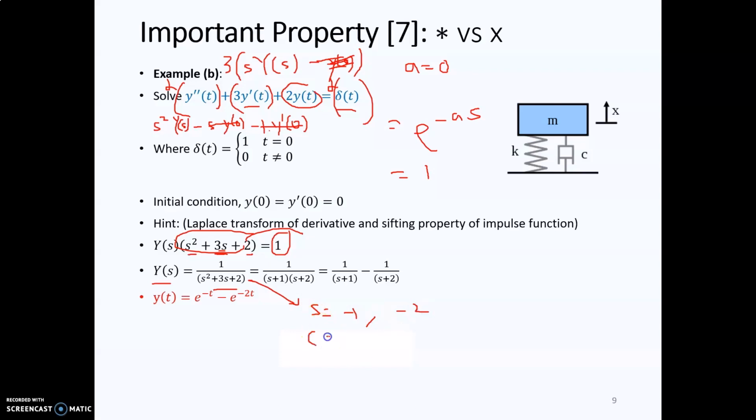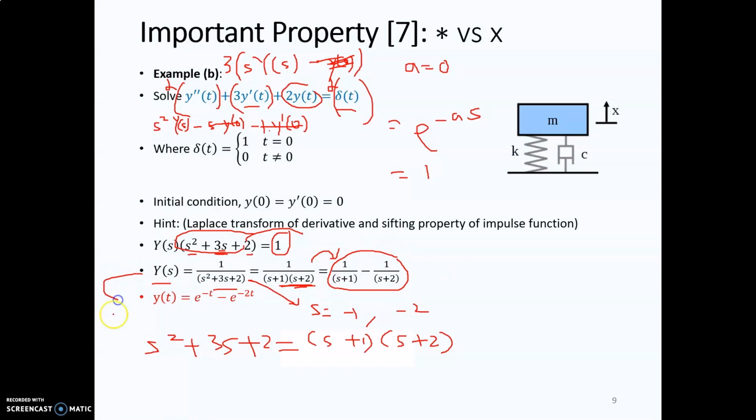With that you can form (s + 1) and (s + 2). When you multiply them together, you get s squared plus 3s plus 2. Therefore, you can obtain this term here, and you can see there are two linear factors, s plus 1 and s plus 2. So you can use partial fractions to obtain this.